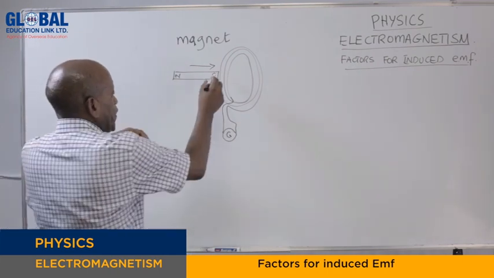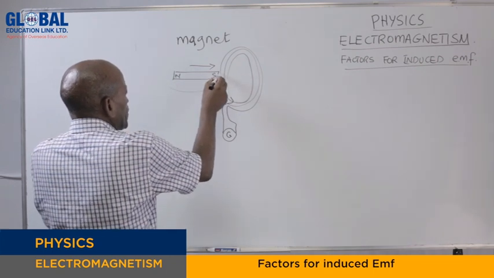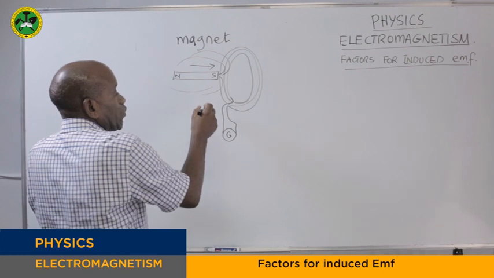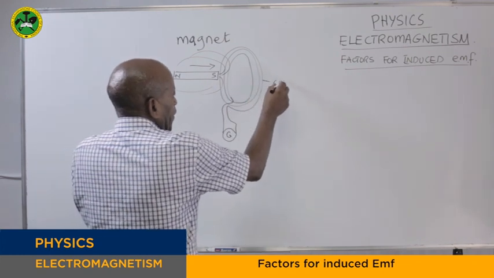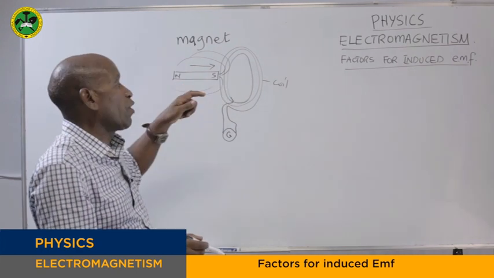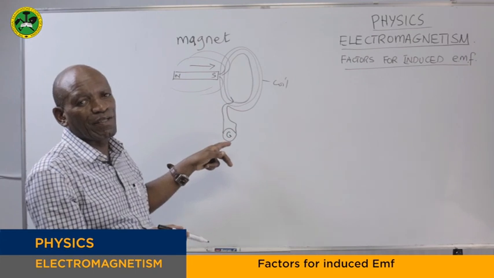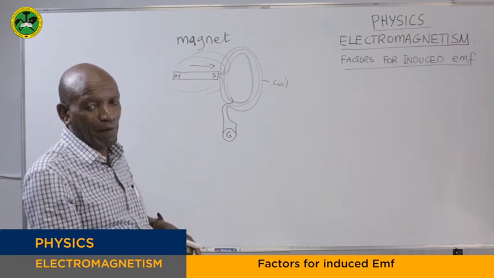The magnetic field of this magnet, which interacts with this coil, will cause the coil to have an induced EMF, whose small current can be detected by this galvanometer.